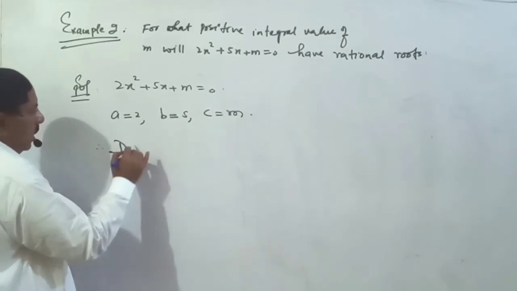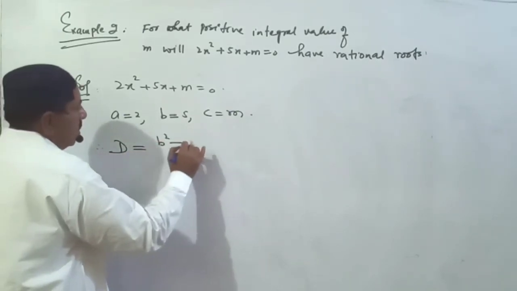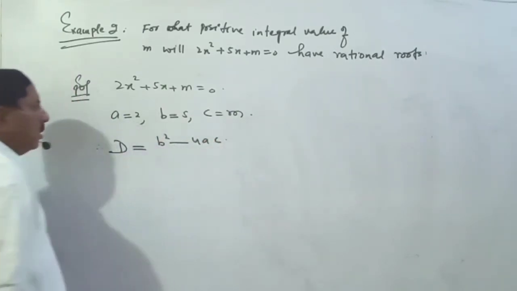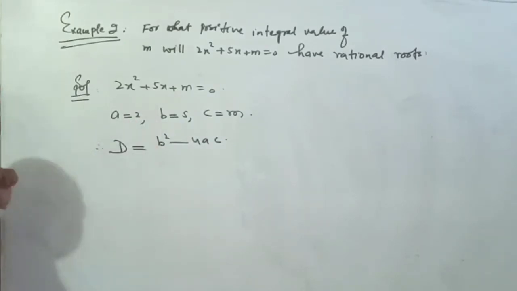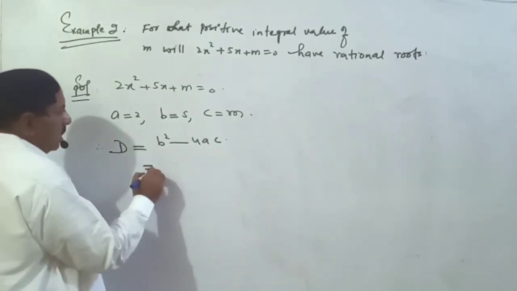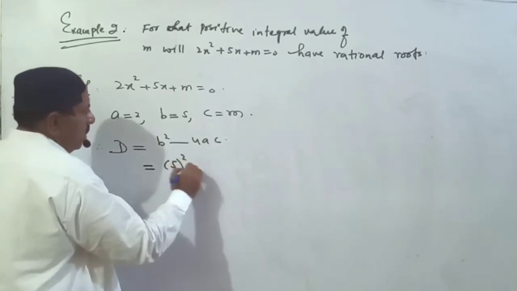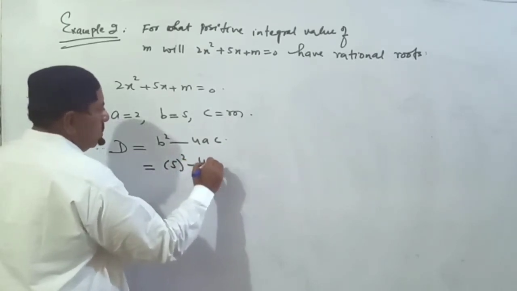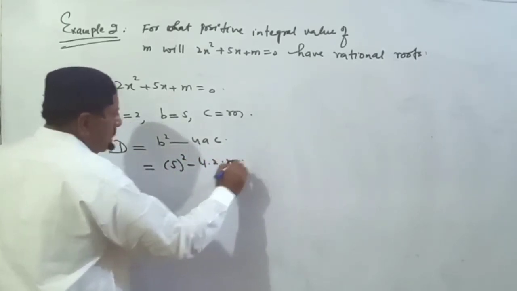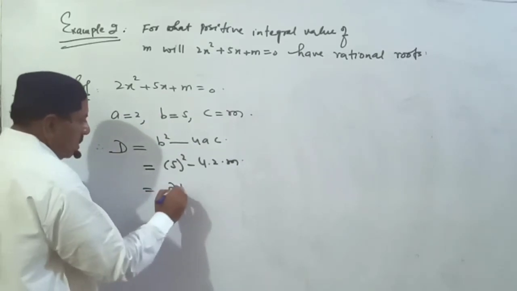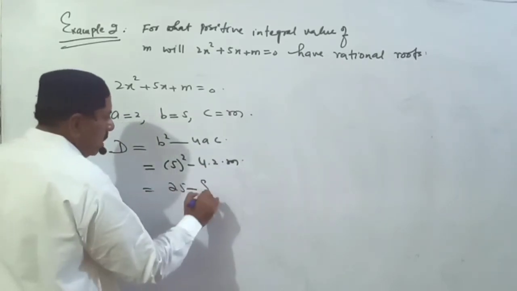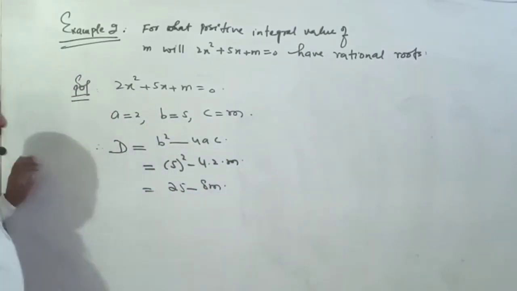Therefore, we know that discriminant is equal to b square minus 4ac. So according to the given equation, the discriminant will be 5 square minus 4 into 2 into m. So this will be 25 minus 8m.